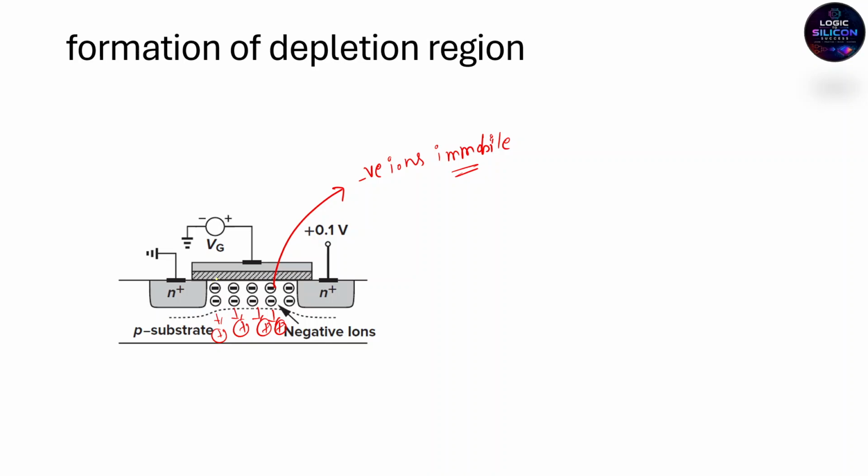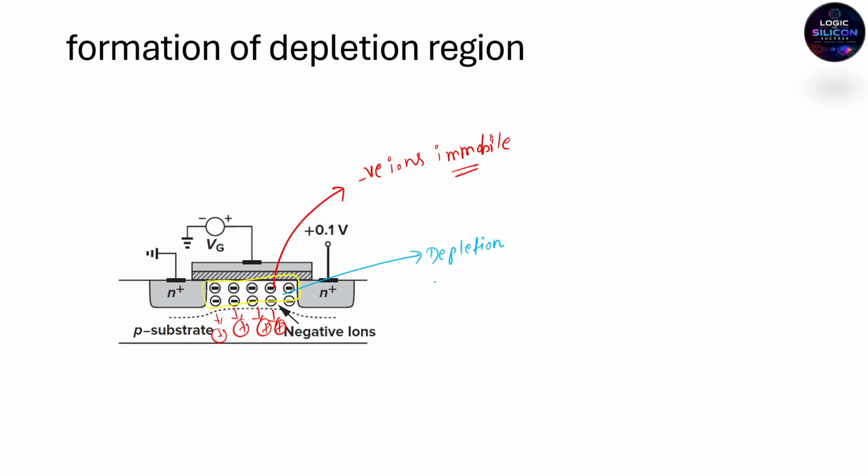This is a channel formed, and we call it a depletion layer. So the depletion region will be formed here. It's a basic understanding from the charge perspective.